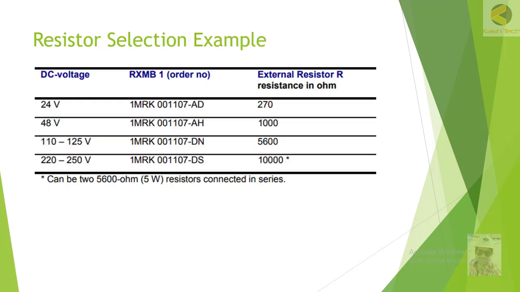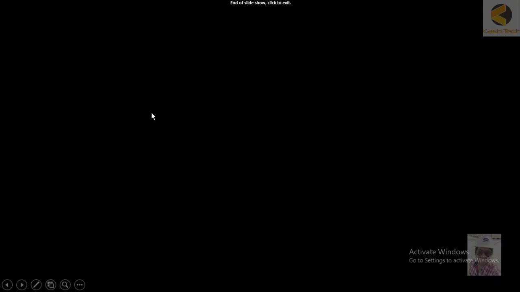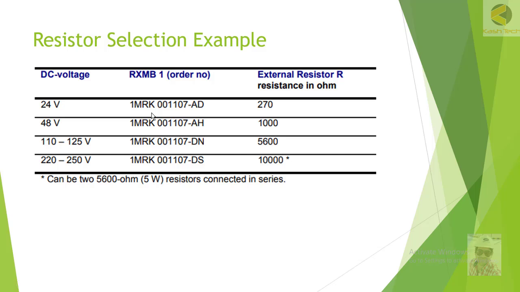So here you can see an example of an ABB relay in which they have shown RX-MB1 relays. They have also shown, for example, that at 24 volts you should order this relay 1MRK, and it has an external resistance of 270 ohms.